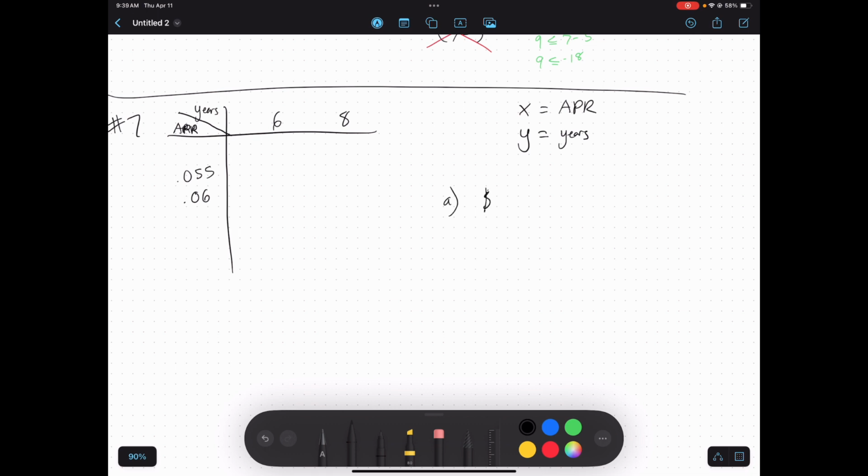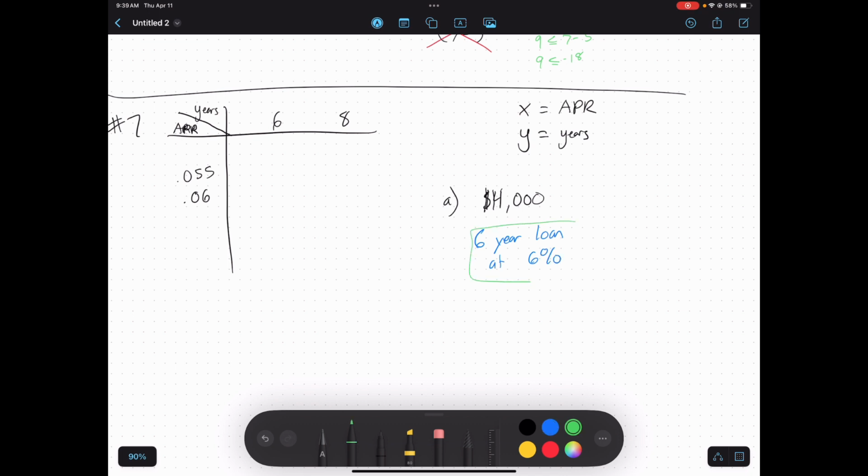Let's say I want to borrow $14,000. What this table is telling me is what monthly payment I can get per $1,000. That's important here, that these values in the table are per thousand. So what's my monthly payment if I'm going to do a 6-year loan at 6% interest?